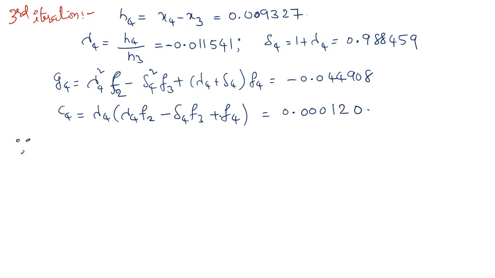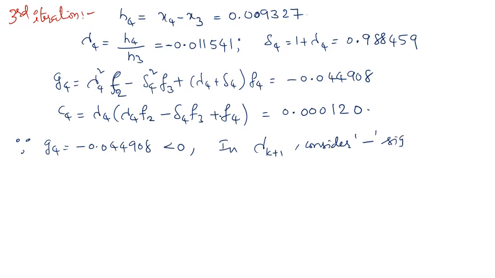Now what is the g4 value? G4 is minus 0.044908, negative. In lambda k plus 1, consider the negative sign in the denominator.